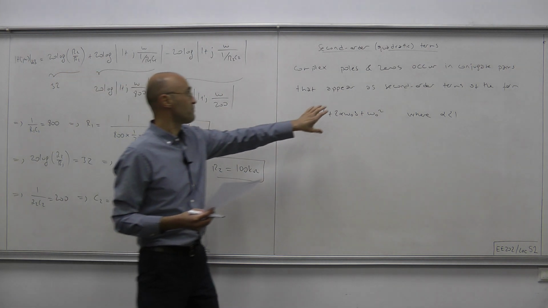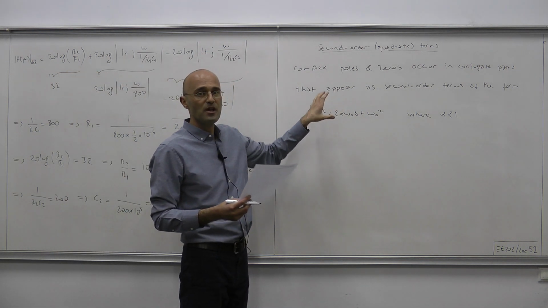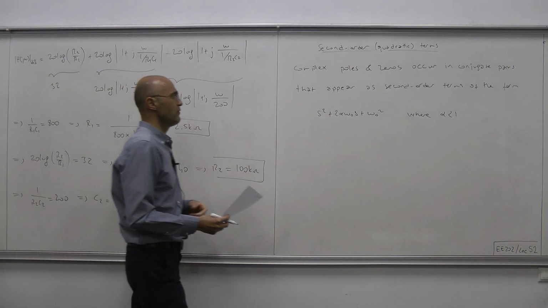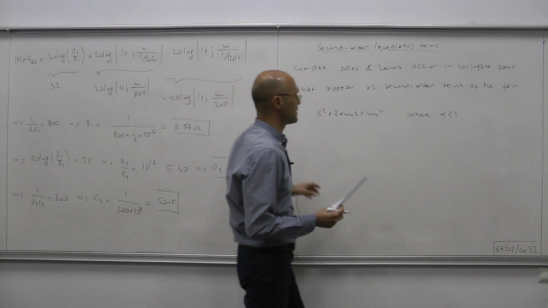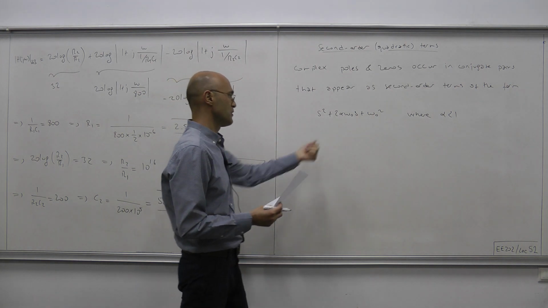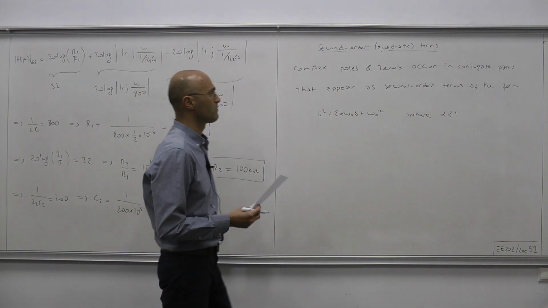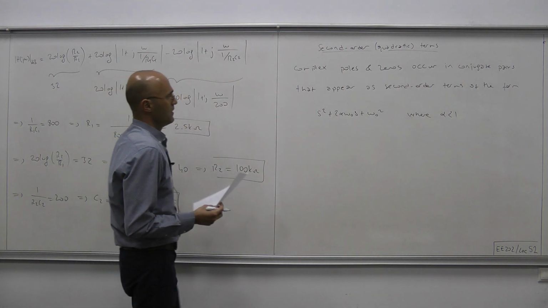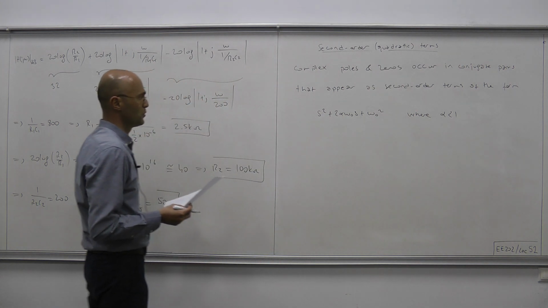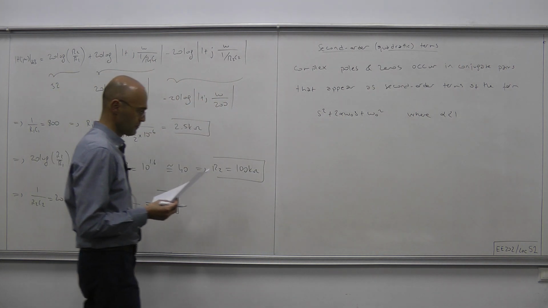So we can treat this as two separate first order terms. But when alpha is strictly smaller than 1 and positive, so when alpha is between 0 and 1, then we have to treat this as a whole. We cannot separate it into two first order terms.